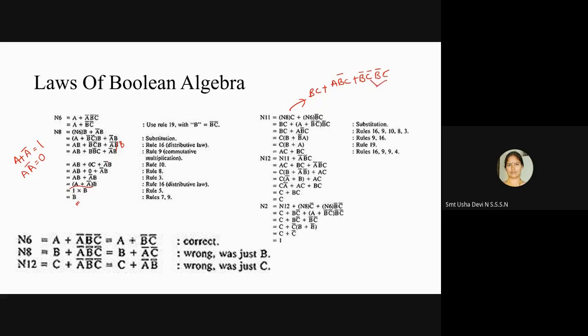CC bar. Here AB is equal to BA, right? So I'm directly writing that this expression is going to be a zero expression, and we end up with this one only.